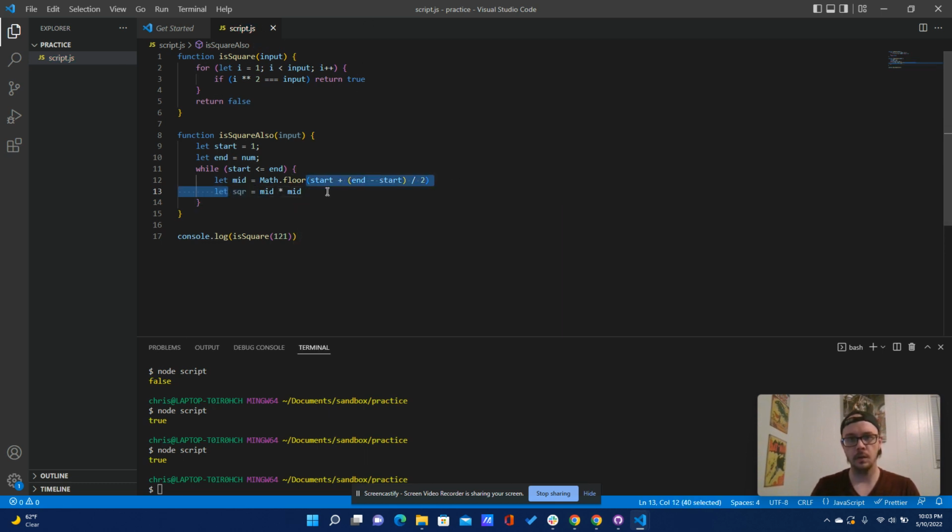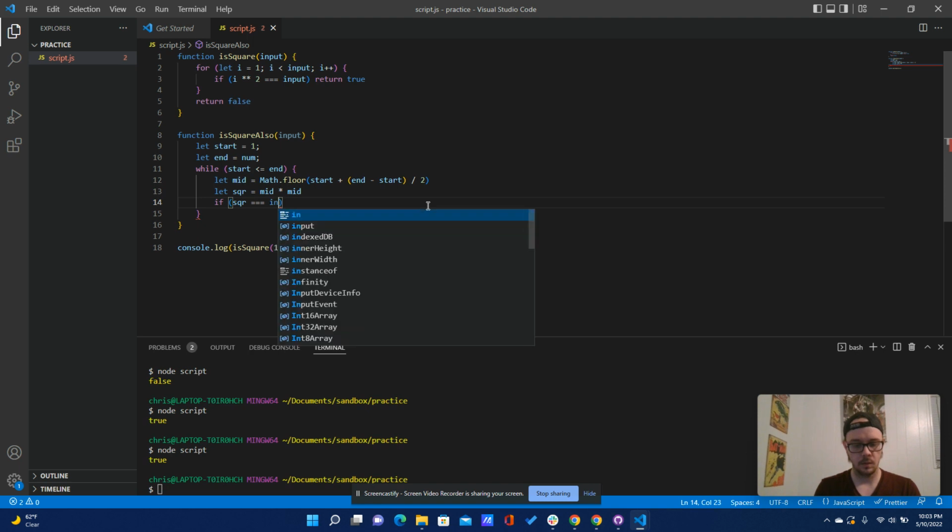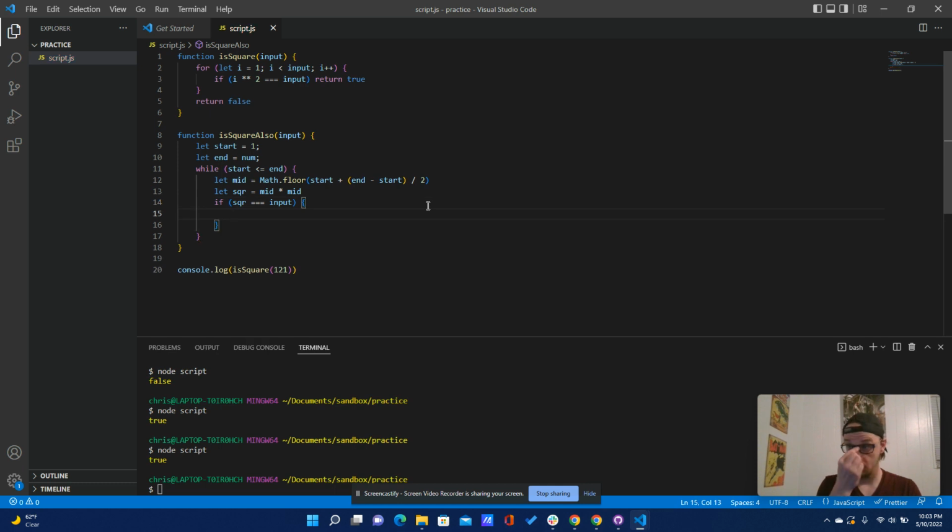Right, we're just finding the square here. It's the same thing as this. If square then, square is now.